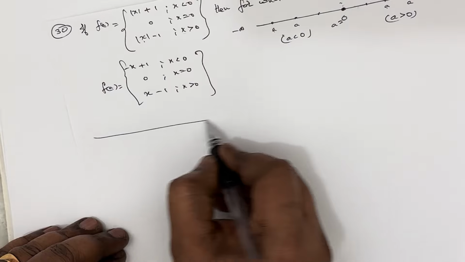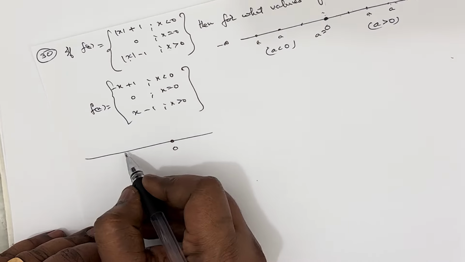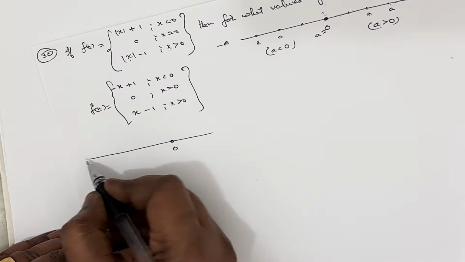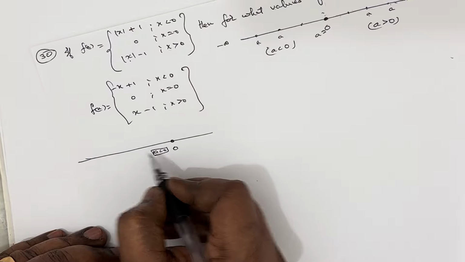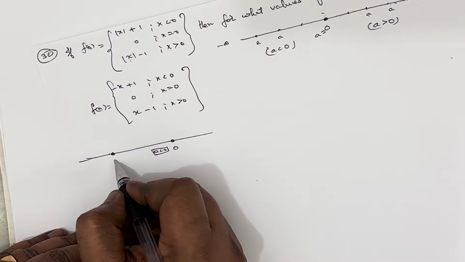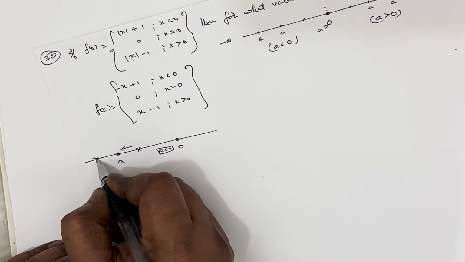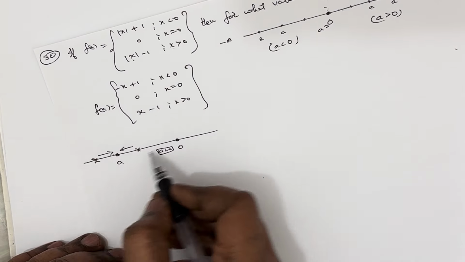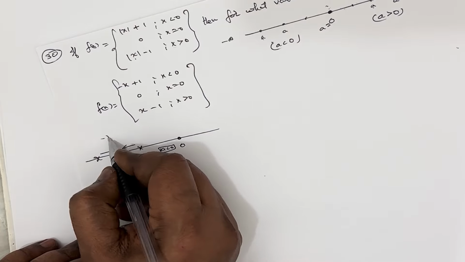Now if we take the number line, and this is 0, and some point here where a is less than 0, okay? We'll take a point here, let this be a, and x is approaching a from both sides. Now the function for x less than 0 is this one, minus x plus 1.